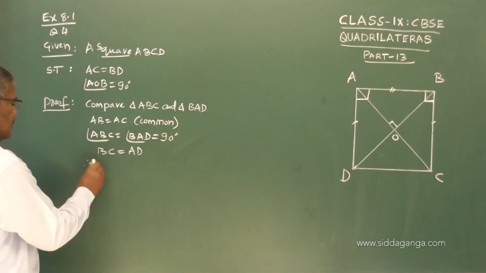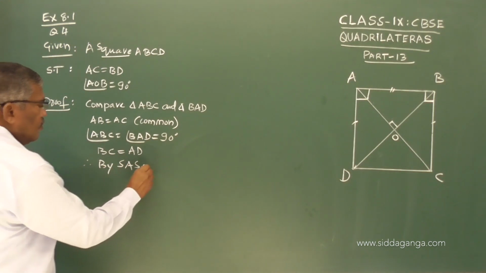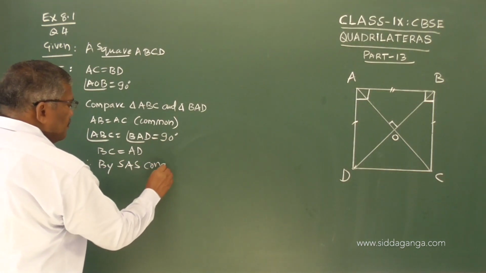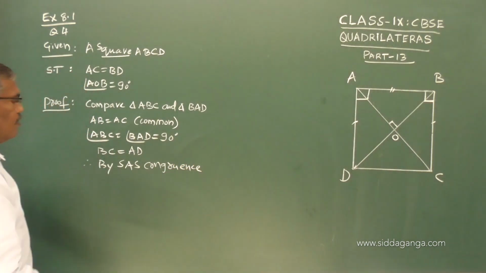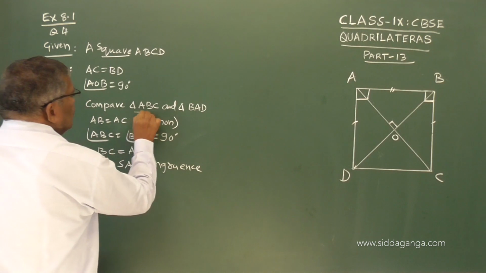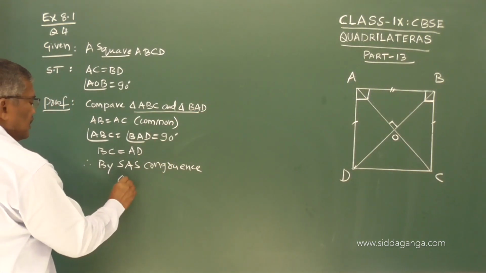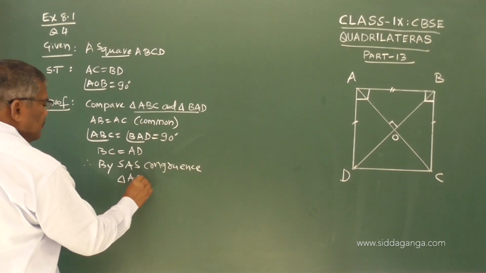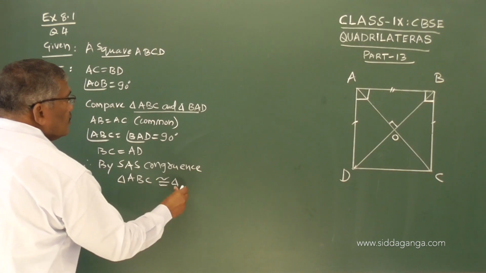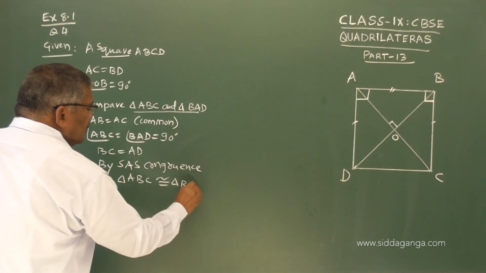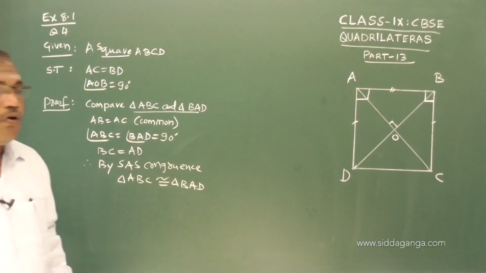Therefore, by SAS congruence, the triangles which we have compared, that is triangle ABC is congruent to triangle BAD. So, those two are congruent.